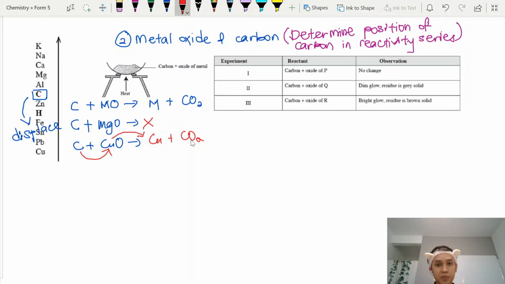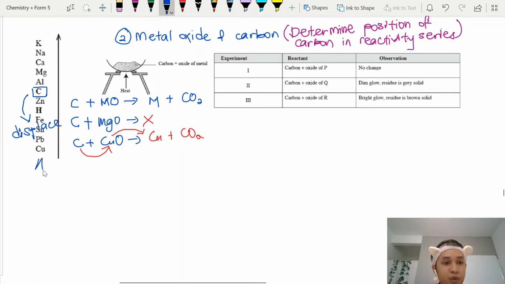So in your exam, they will give you the unknown metals again. They always give you PQR, WXY, whatever. Based on this, they will ask you to arrange the position of the three metals and carbon in terms of the reactivity.